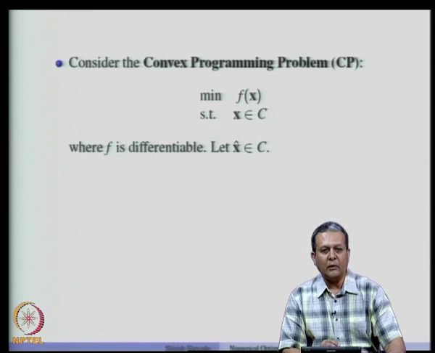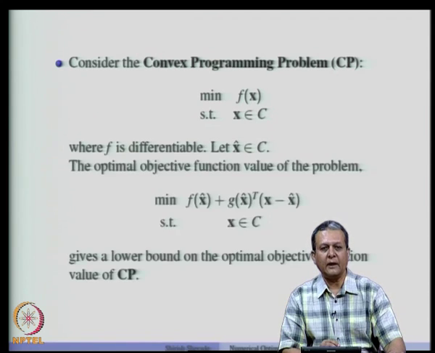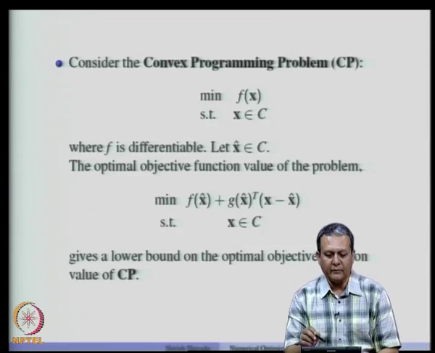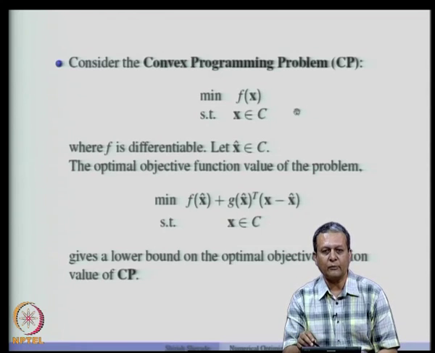By using our theorem, if we want to find a lower bound on the optimal objective function value of this convex programming problem, we can take an affine approximation of f at x hat.